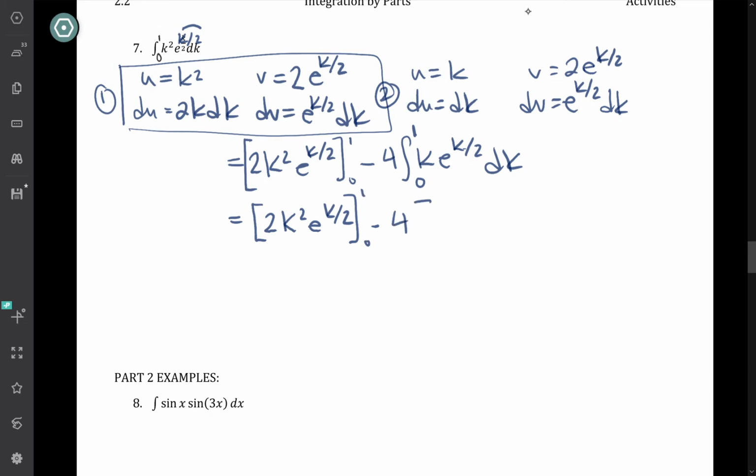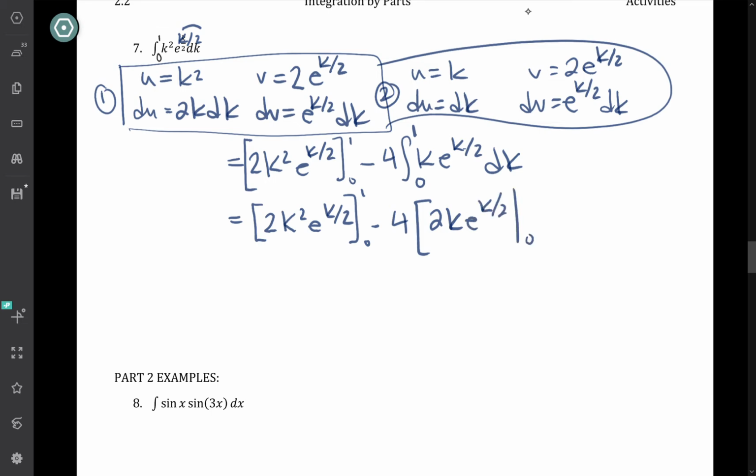So we have a 4 times this. So k times 2, so 2k e to the k over 2, which is going to have to get evaluated from 0 to 1, minus the integral of v du. Okay, and I'm going to go ahead and move that 2 out in front because I've been making a big deal about that. This is 0 to 1.